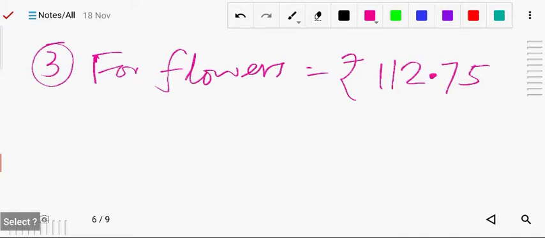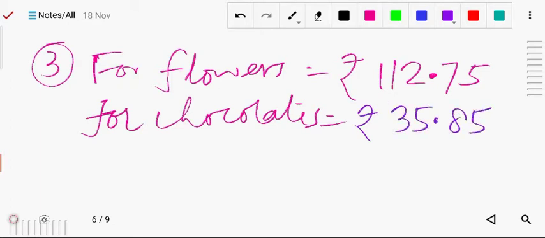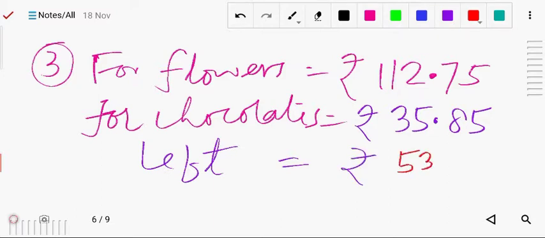Now for the chocolates it was rupees 35.85. Now the left amount we can write here, which will be rupees 53.20.